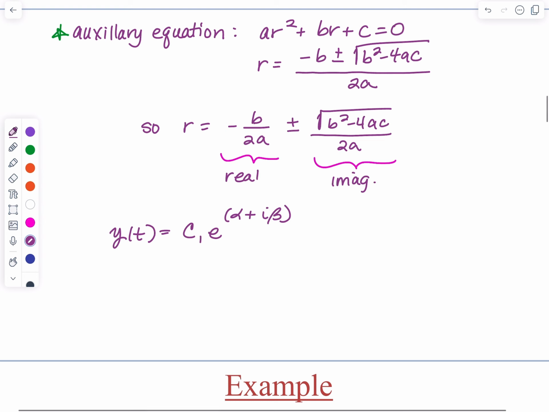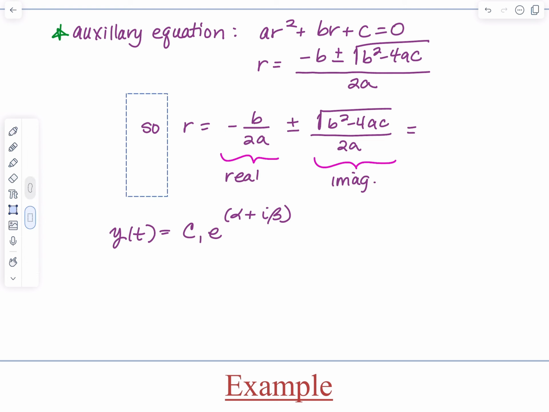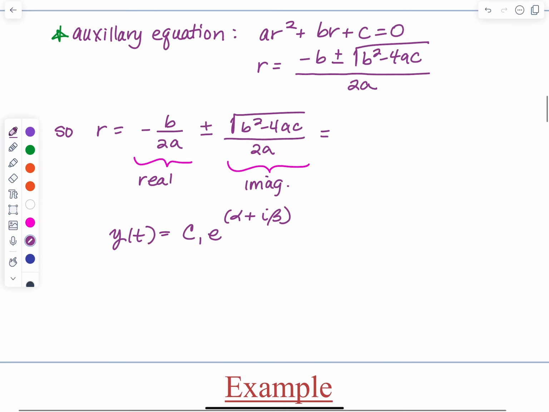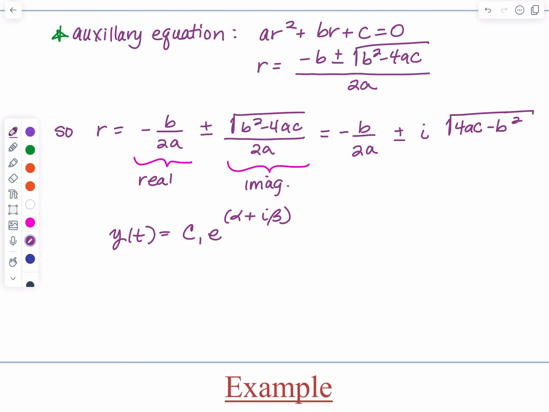Okay? But what we could do is we could rewrite this as the opposite of b over 2a plus or minus i times the square root of 4ac minus b squared all over 2a.